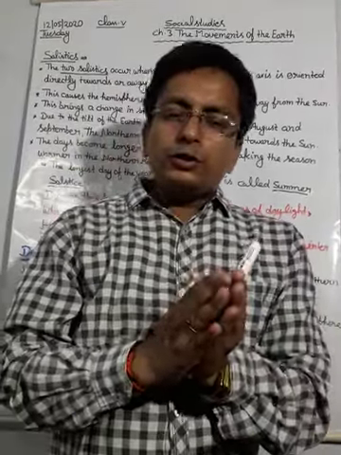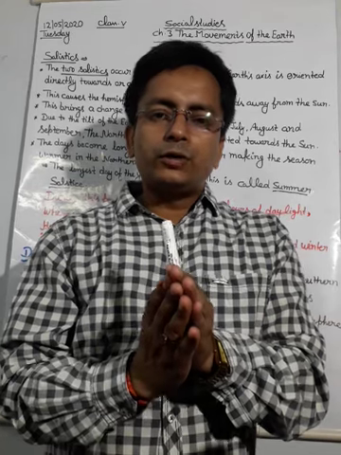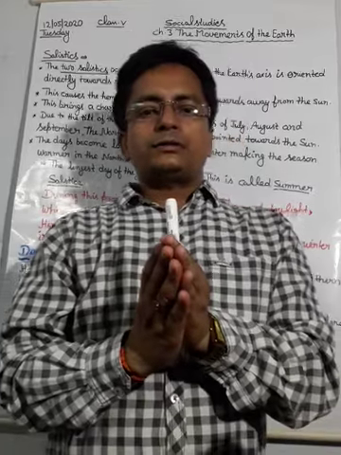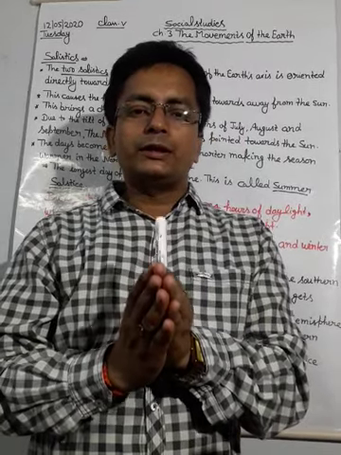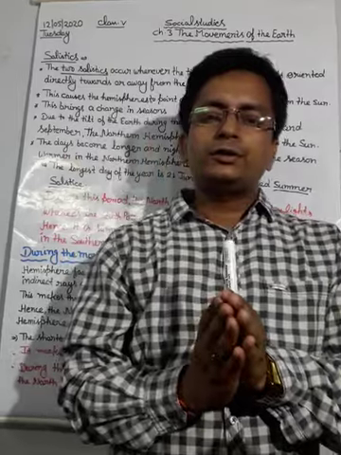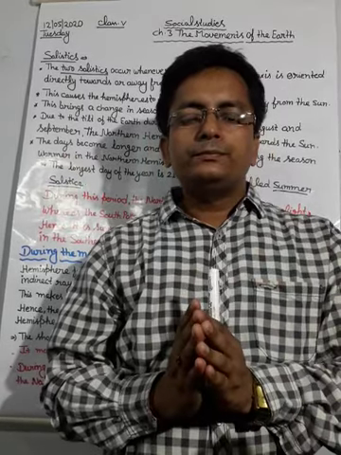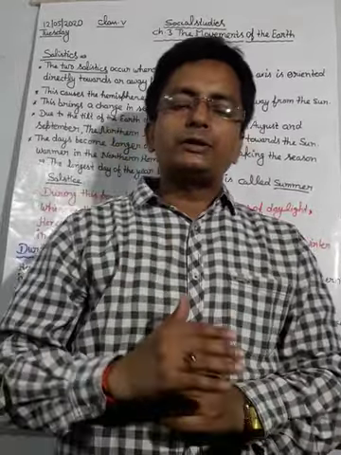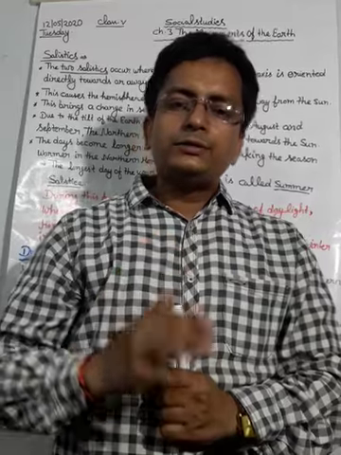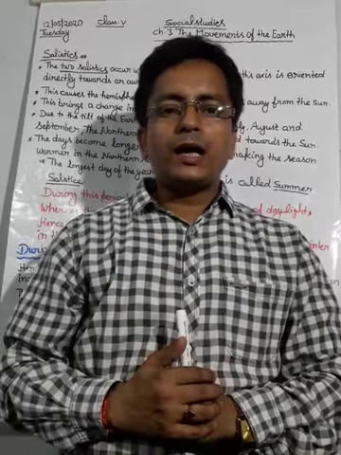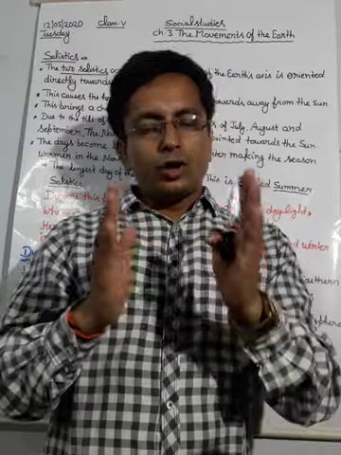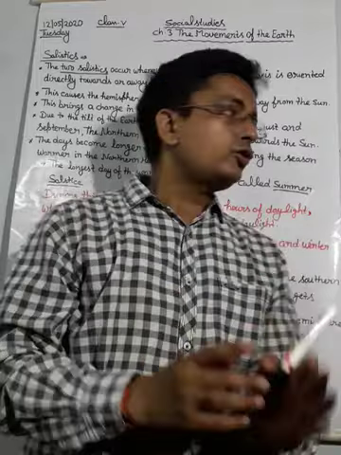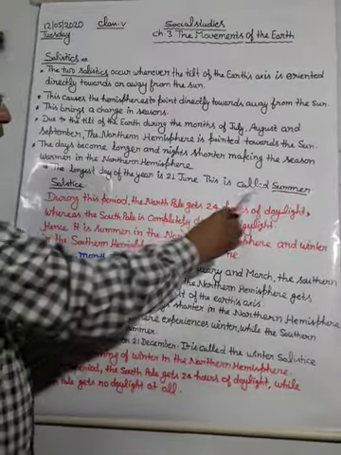When the northern hemisphere is tilted towards the sun, it gets sunlight parallel and for a long time. That's why in this time in the northern hemisphere there is summertime, and days are longer and nights are shorter. It is called the summer solstice.